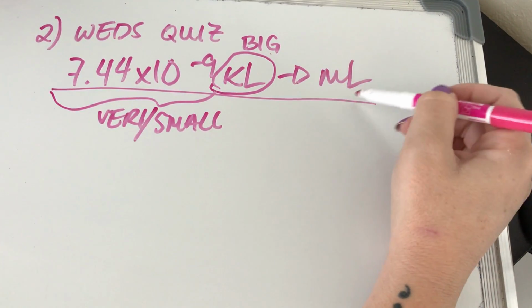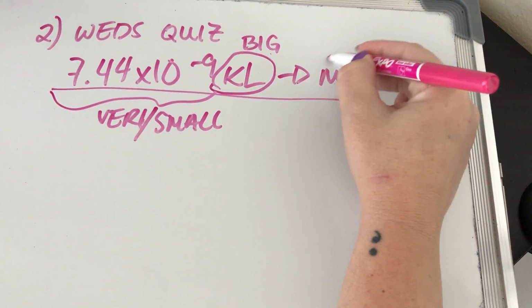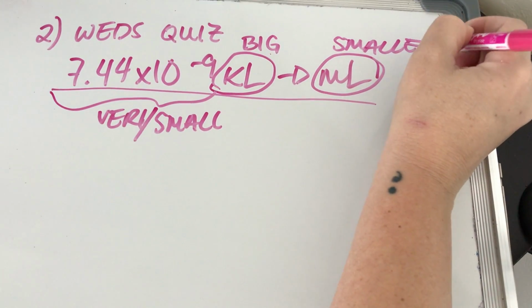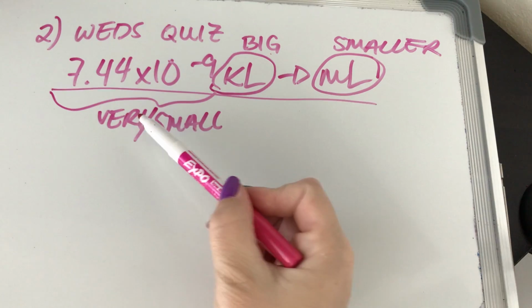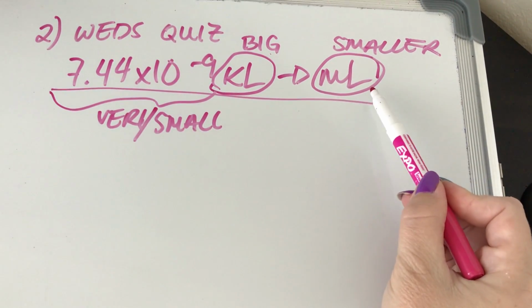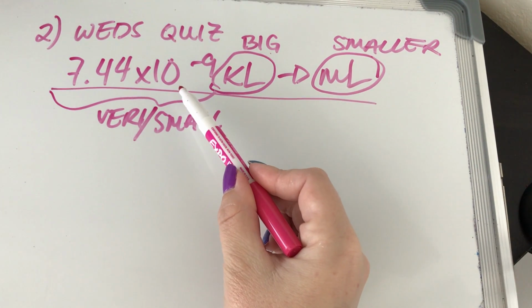We're trying to get it into a much smaller unit, right? Is everybody with me on that? So if I know I have a very small number in a big unit, right, and I'm going to a smaller unit, should this number get bigger or smaller?